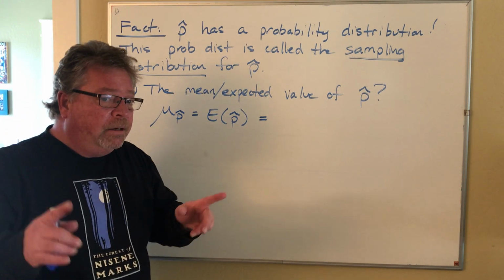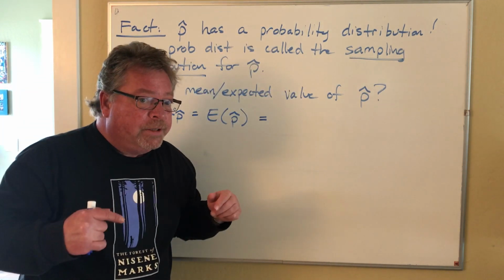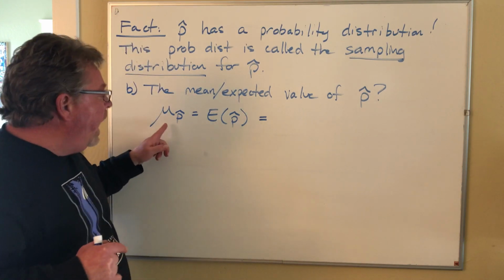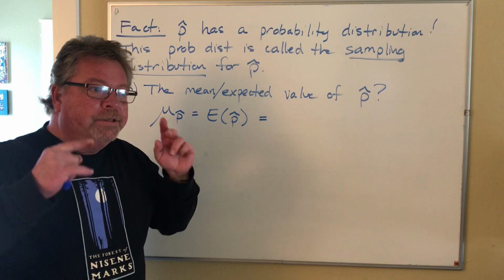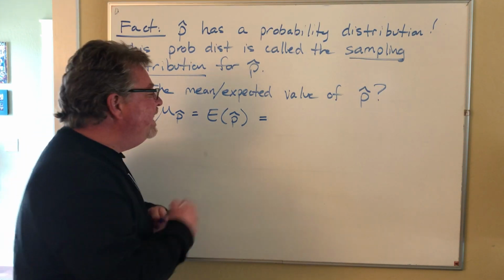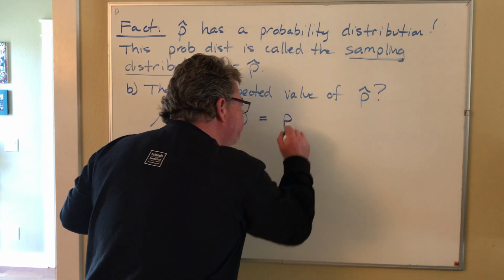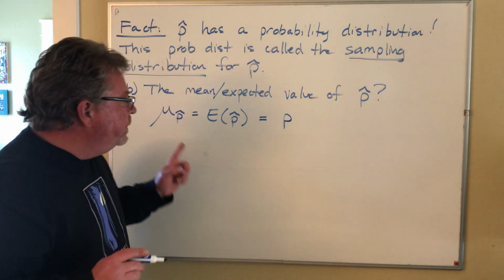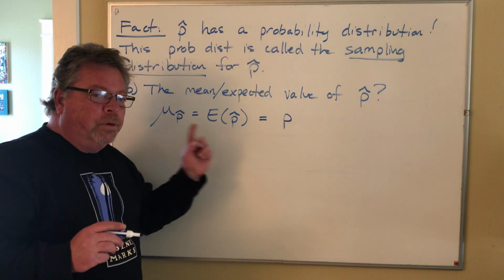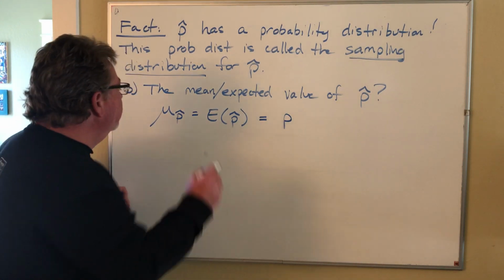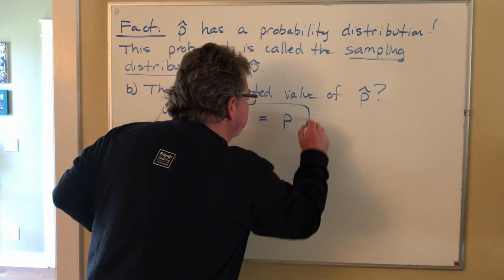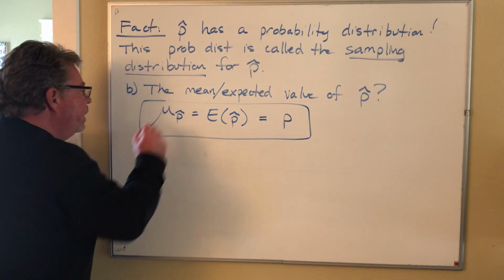I would expect to get the percentage that's present in the population. Or on average, I would expect to get a p hat that's the same as the population proportion, namely p. So once again, this is not intended to be a computational formula. This is just a statement about how stuff works out. So I'm going to put a box around this too because we need to keep track of this.